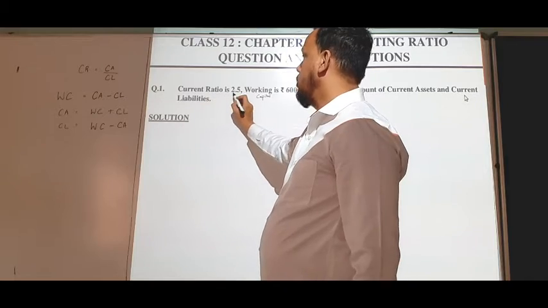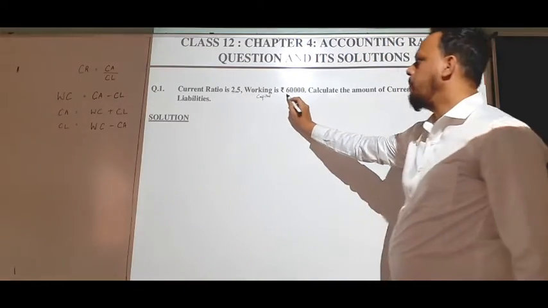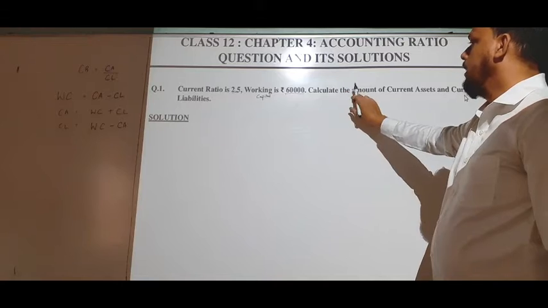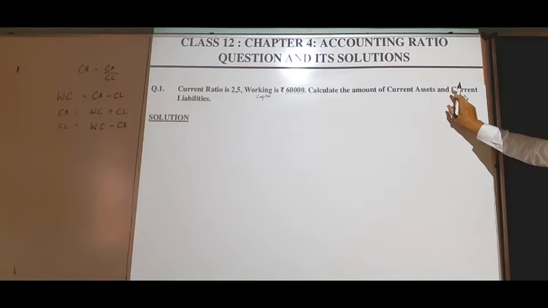Current ratio is 2.5, working capital is 60,000. Calculate the amount of current assets and current liability.